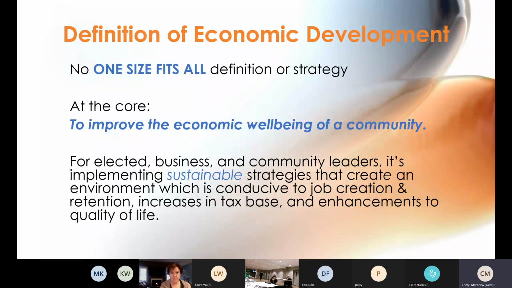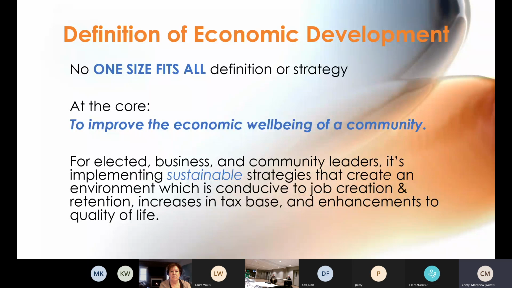Okay. So on economic development, I think the key thing here is that there is no one size fits all. Every community is different, and every community has their own view or perception of what they want to do to grow their community.